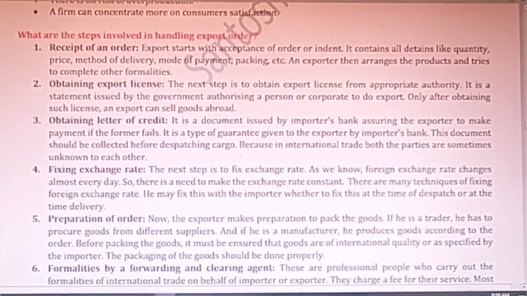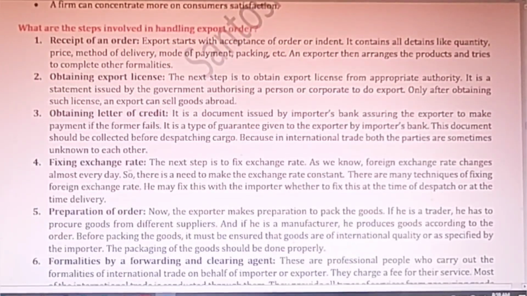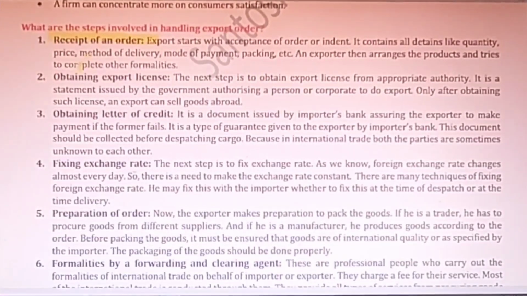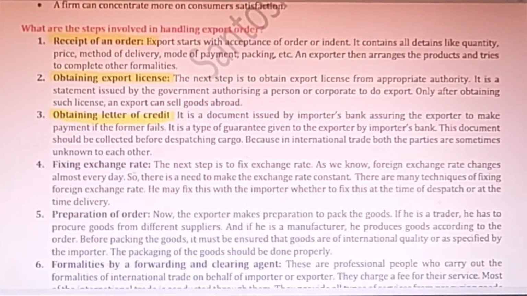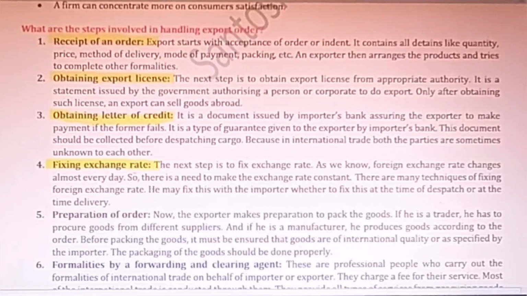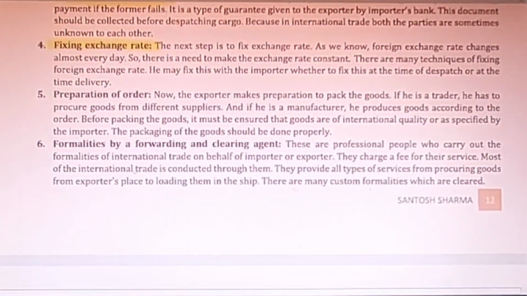Then what are the steps involved in handling an export order? If a supplier gets an export order, what steps will he take? First, he will receive the order, then he will obtain the export license, then the exporter has to obtain LOC, that is letter of credit. Then he will fix the exchange rate, because he will be receiving the money in terms of the domestic currency.